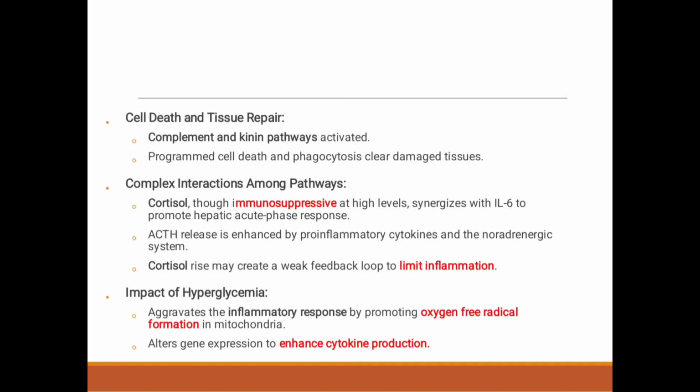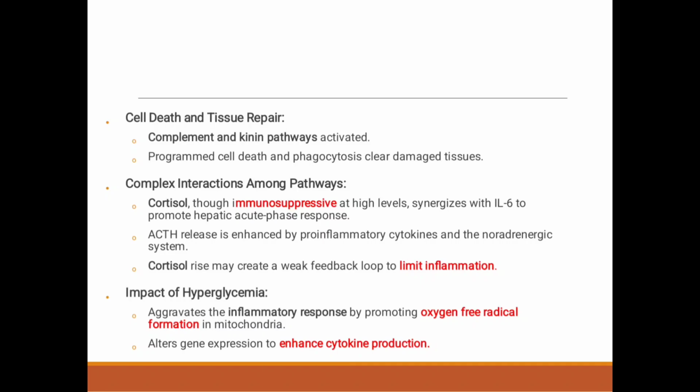The basic aim of this chapter is to understand the reasons behind the various manifestations during a surgical stress response. Cortisol is immunosuppressive at high levels. It synergizes with interleukin 6 to promote the hepatic acute phase response. ACTH release, we already know, is stimulated by the hypothalamus. It is also enhanced by pro-inflammatory cytokines and the noradrenergic system.